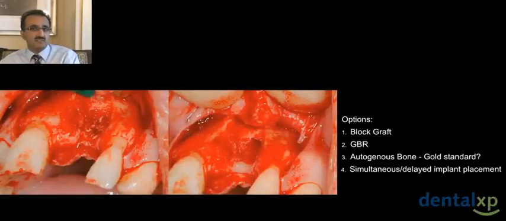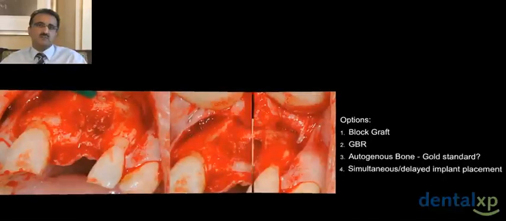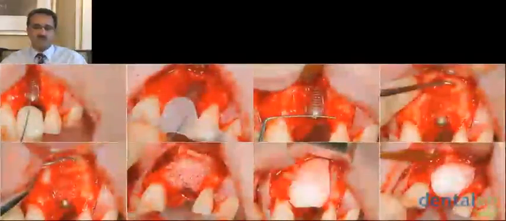And that's quite significant in the aesthetic zone. If I, however, place my implant into that site, I only really need 2 millimeters of bone facial to that implant, or thereabouts. And if we lose 20% of that, that's only 0.4 of a millimeter. That really has no clinical significance. And we can see that that then gives us a much better outcome. So that's the way we think when we manage these cases.